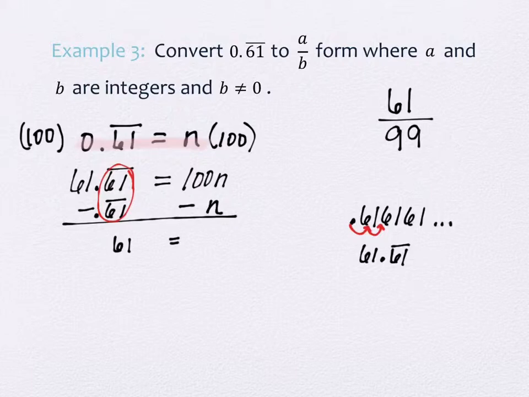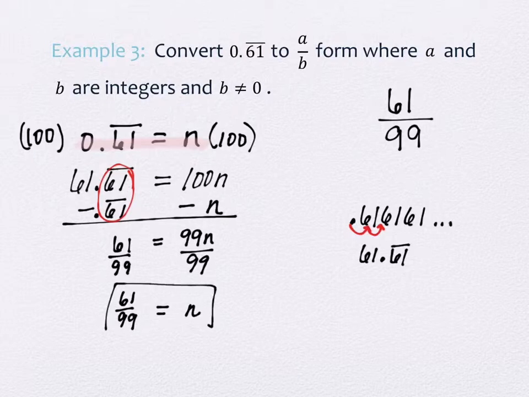And then on the right-hand side, what's 100n minus n? 99n. Subtraction: 100 apples minus 1 apple is 99 apples. And then if I divide by my 99, what do you see? 61 over 99, which is what I told you the shortcut was to begin with.